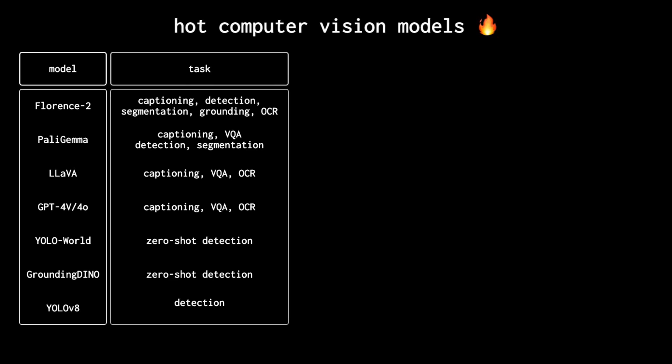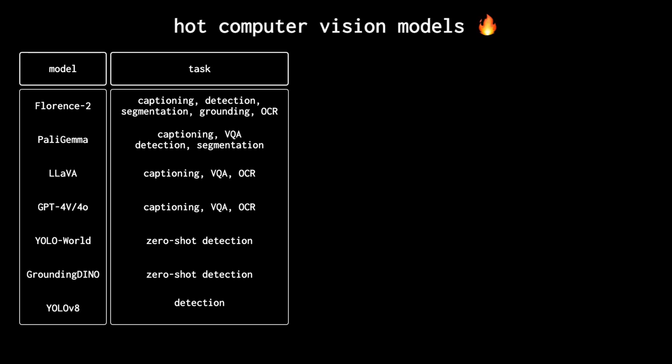As I mentioned today, Florence-2 supports over a dozen computer vision tasks, including captioning, detection, segmentation, grounding, and OCR. PaliGemma, the model I showed you last month, also tried to unify as many tasks as possible within a single model. LLaVA and GPT-4 Vision can handle captioning, VQA, and OCR, but unfortunately no object detection.